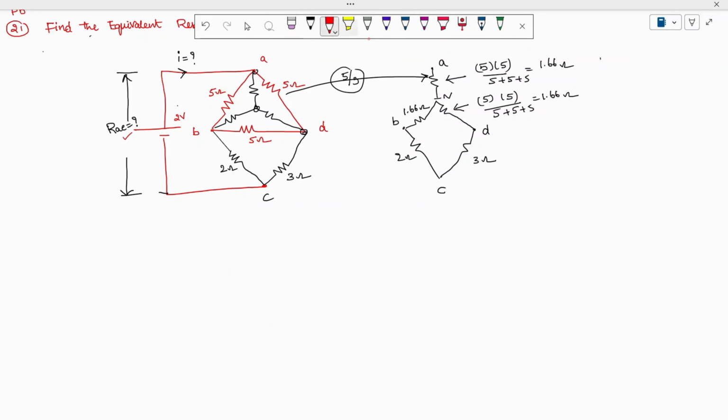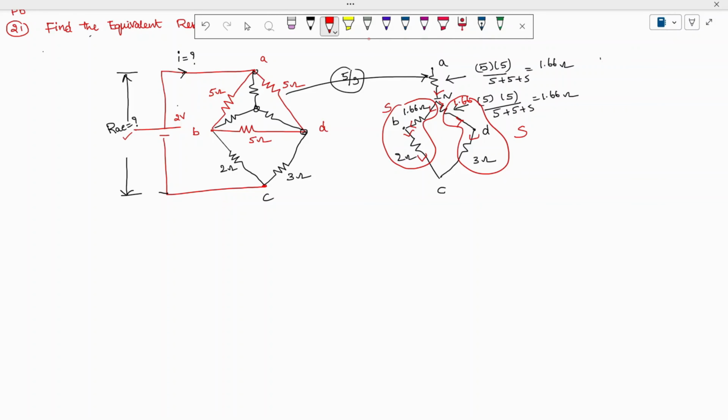When you see the problem, the current starts flowing like this, and these two branches are connected in series. Again this 1.66, the current starts flowing and current flows like this, and I can say these two resistors are also connected in series.